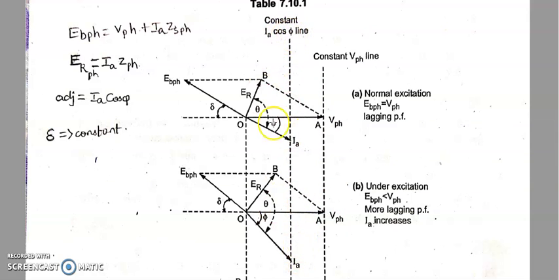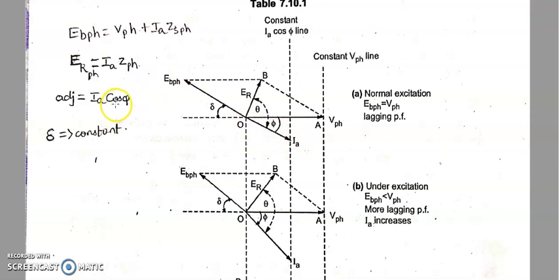What is IA cos phi line exactly? You can see, let us take example for this or this or this. If I apply cos formula for this triangle, which I'm showing with the pointer, this is the opposite, this is the hypotenuse, and this is the adjacent. So cos phi is equal to adjacent by hypotenuse.